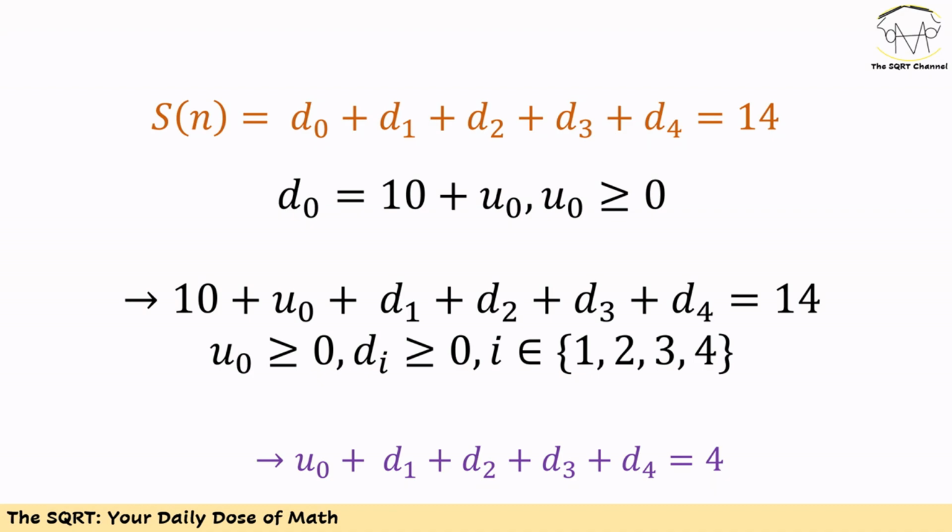So we can write d0 as 10 plus u0, where u0 is going to be 0 or anything greater than 0. Then we can write Sn as 10 plus u0 and then d1 plus d2 plus d3 plus d4. Sn should be equal to 14. If we remove 10 from both sides, then we have u0 plus d1 plus d2 plus d3 plus d4 is 4.